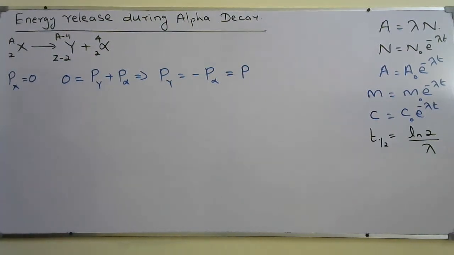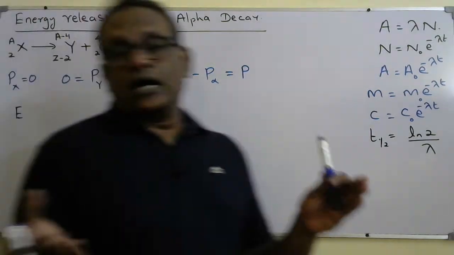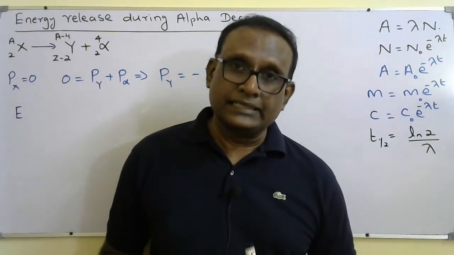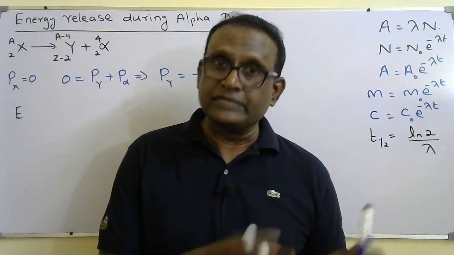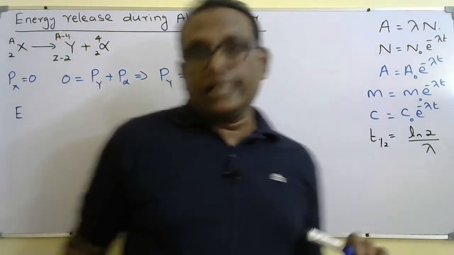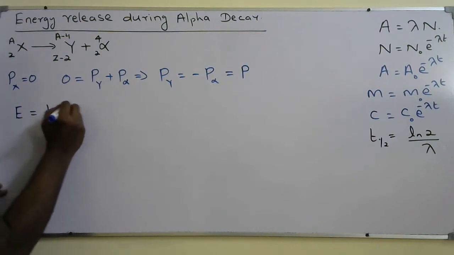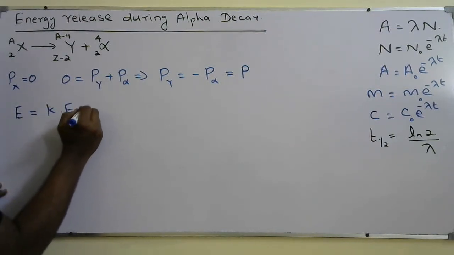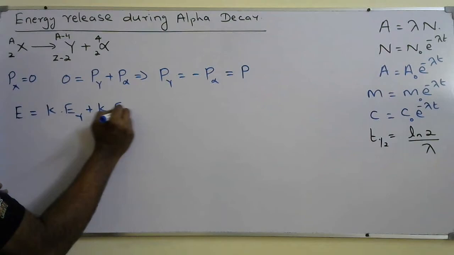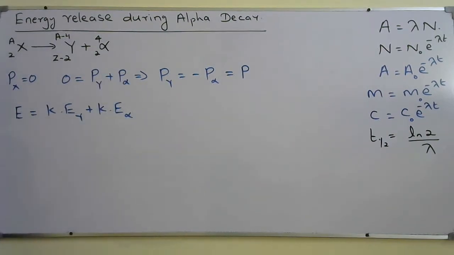Okay, so the total energy release is E. As I explained earlier, it could be found by using the mass deficit method or the binding energy method. Anyway, the energy release E is equal to the kinetic energy of the daughter nucleus plus the kinetic energy of the alpha particle.